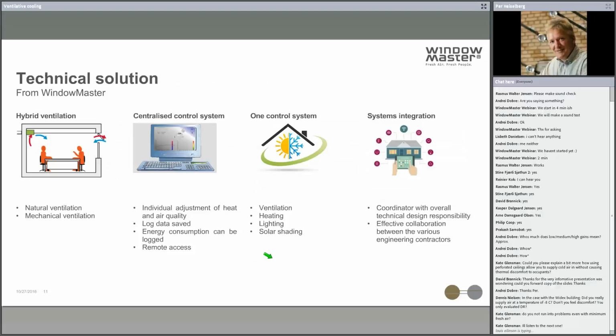I don't want to go into too much detail with this one, but there's one system which controls both the natural and mechanical ventilation. It also controls the heating, the lighting, and the solar shading. So all of this is implemented in one system.